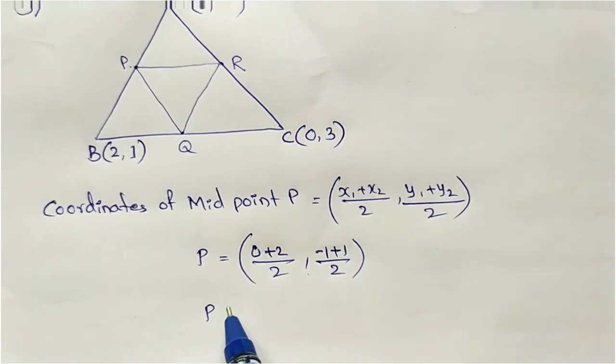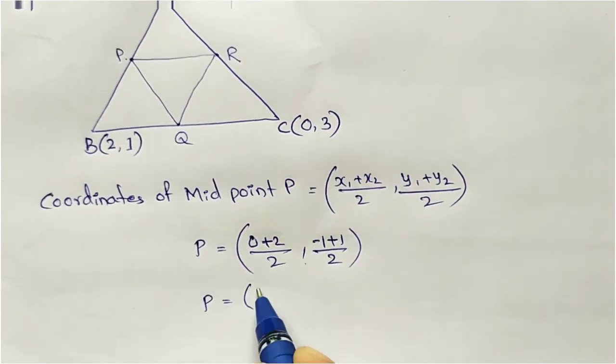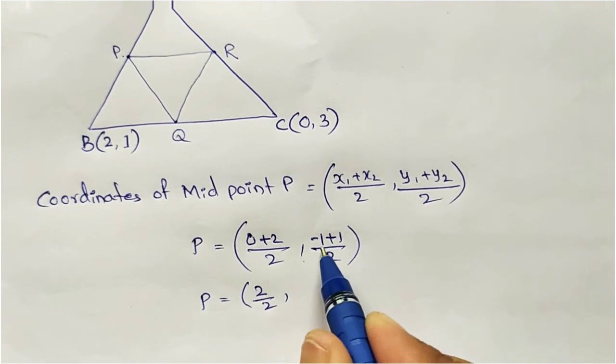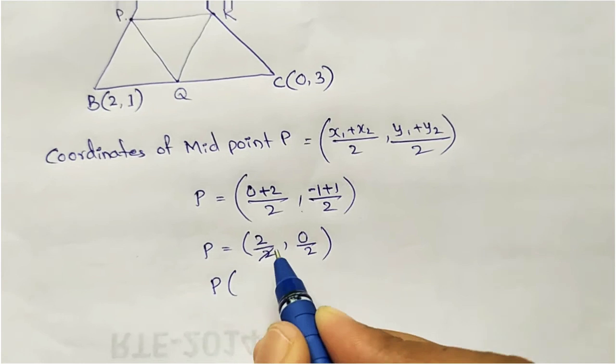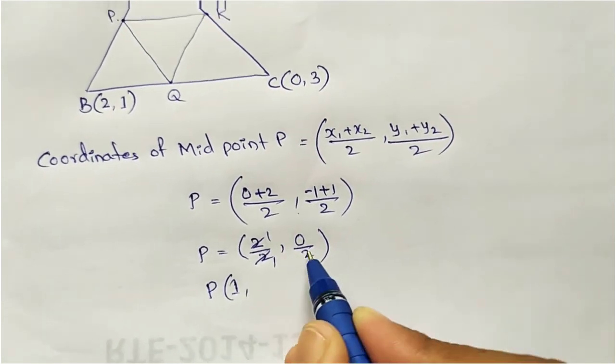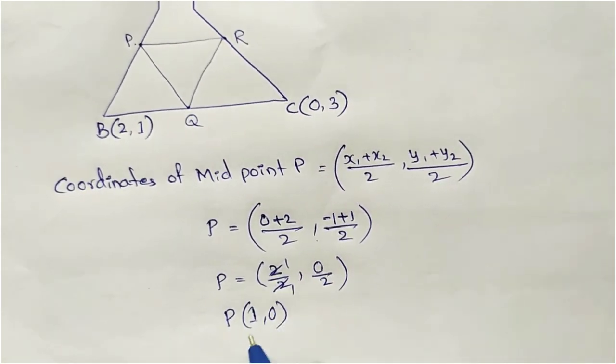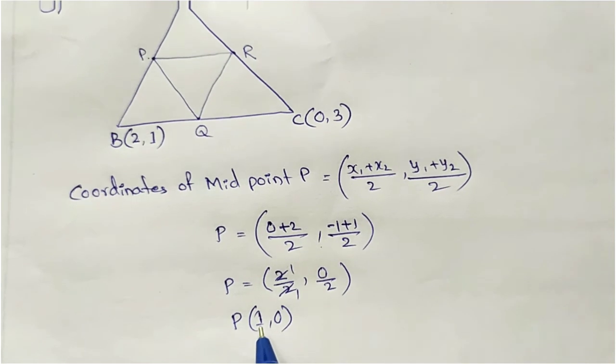So here we will get 0 plus 2, that will be 2 by 2, minus 1 plus 1, it will be 0 by 2. So P of 2 ones are 2, so 1, and 0 by 2 will be 0. So coordinates of P will be 1 comma 0.